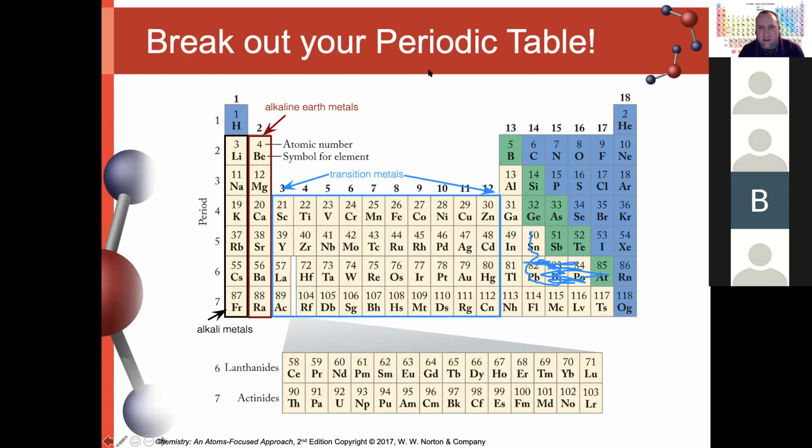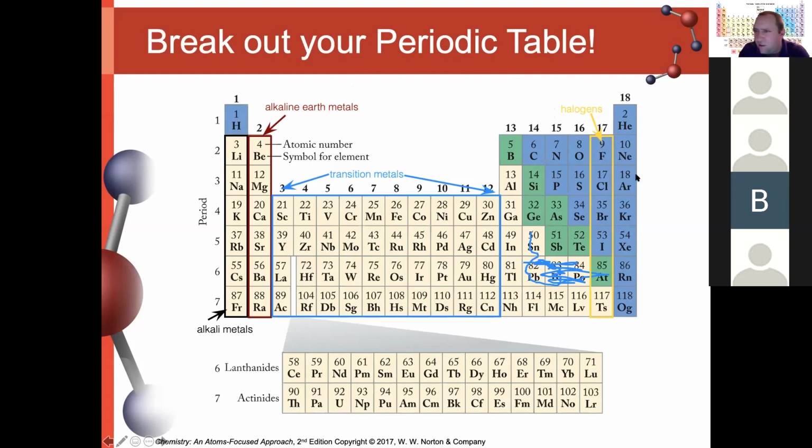On the backside, so looking at some non-metal groups. On the non-metal side, we have the halogens, which is group 17 here. The halogens are kind of the analogs to the alkali metals. They are highly reactive nonmetals.